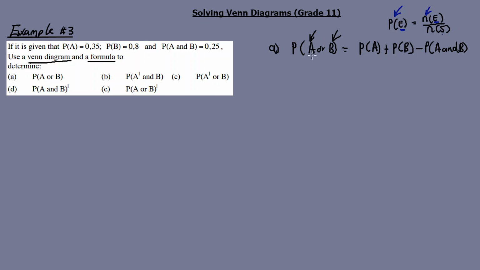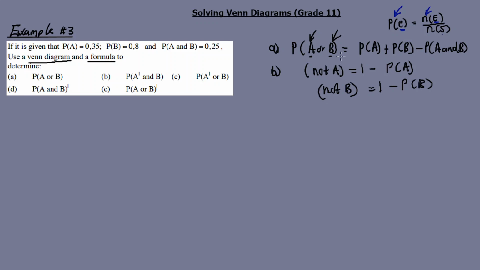If it's events C and D, you change it and say C and D. Then the second law: the probability of not A is equal to 1 minus the probability of A. This is also true: not B is equal to 1 minus the probability of B.